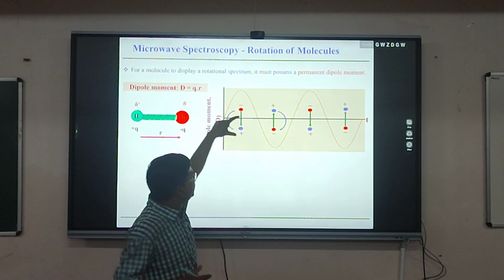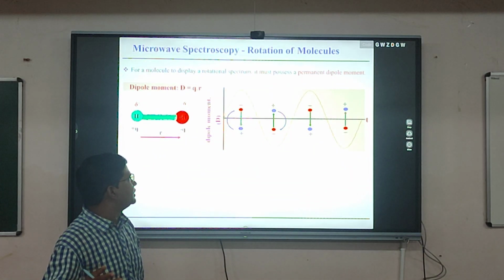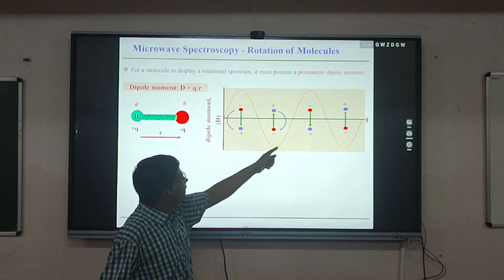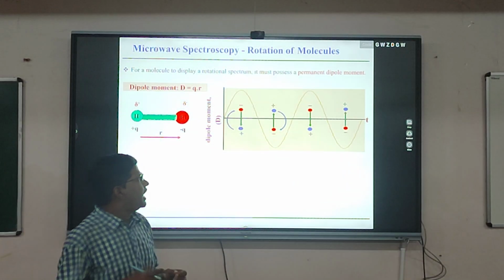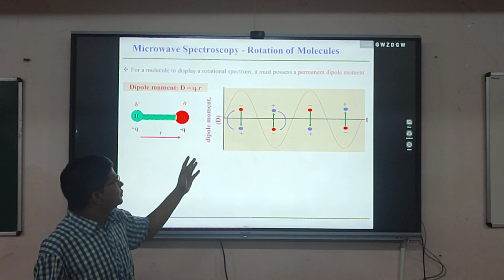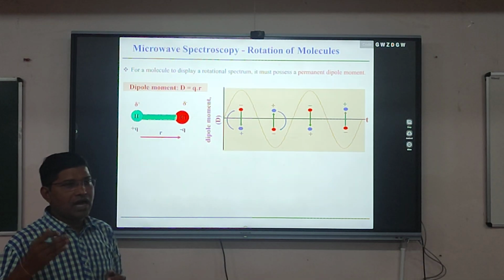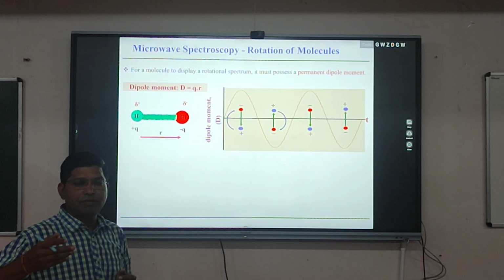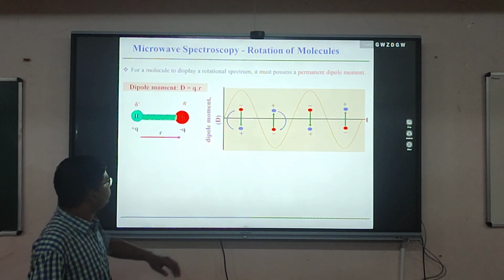During the rotation, the length between the two atoms is not changing, so the change of direction changes the dipole moment. This is a very important part of microwave spectroscopy, whether the molecule is microwave active or inactive.